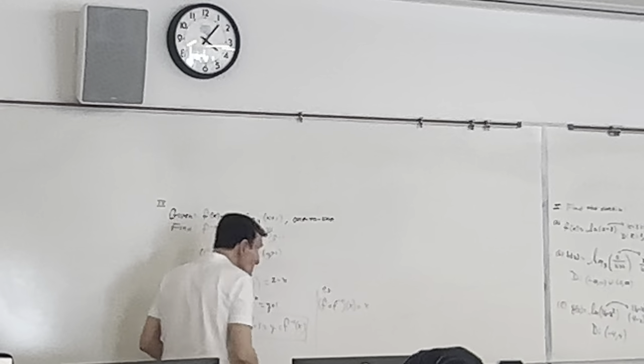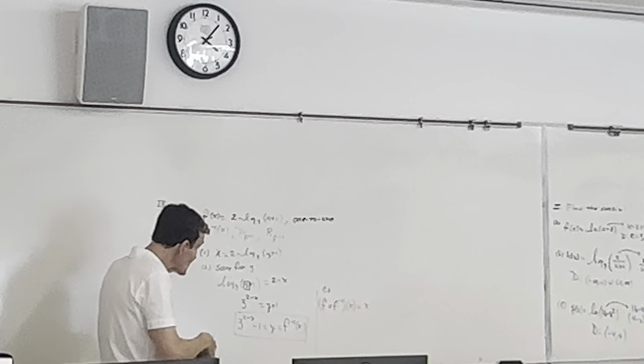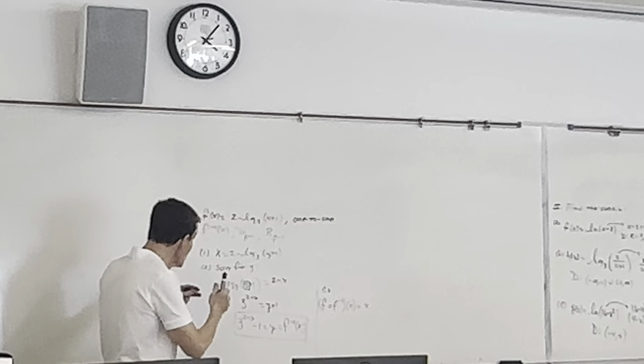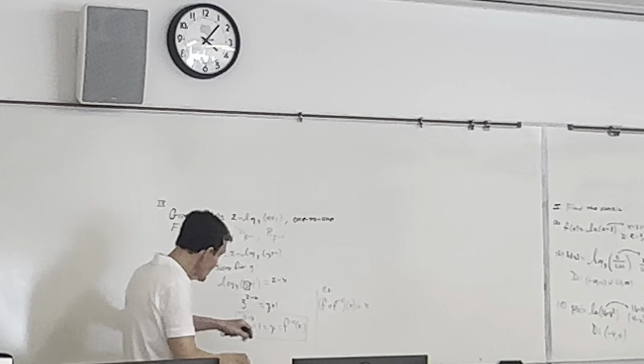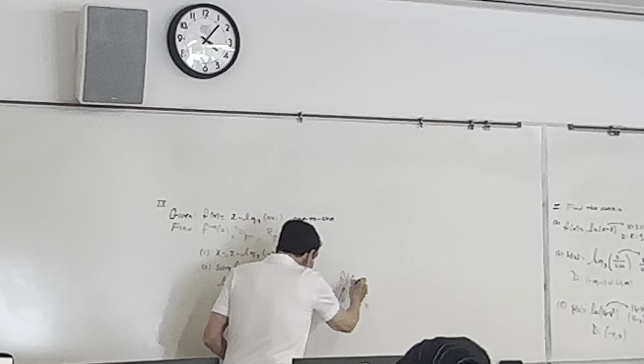Here's the way you check. Find the composite, and hope to get an x. Now, the way mine's written says place the inverse into the original function. I'll go for it. That's what this means to do. F of the inverse.